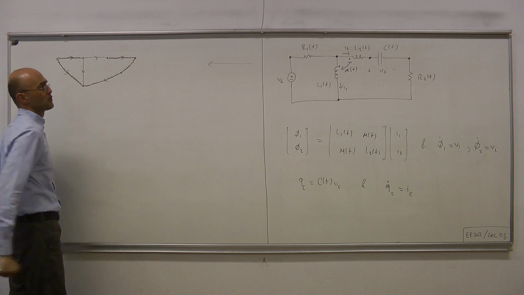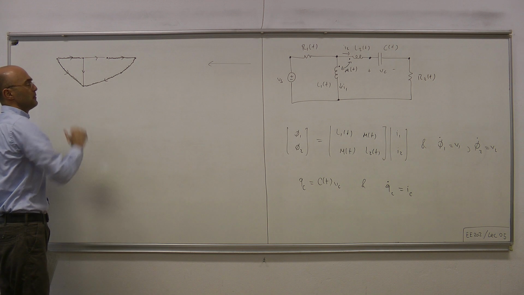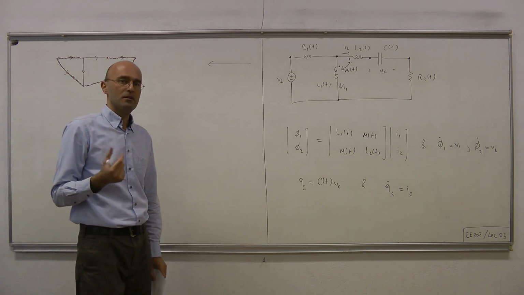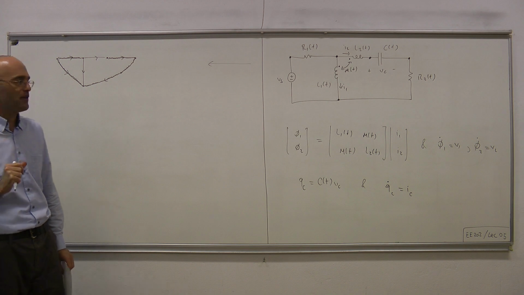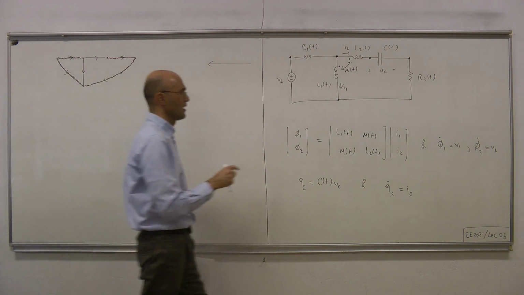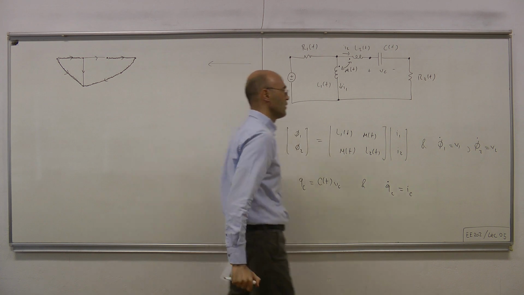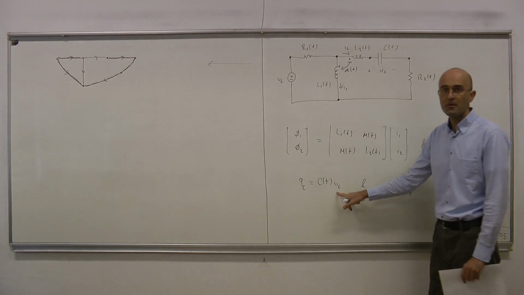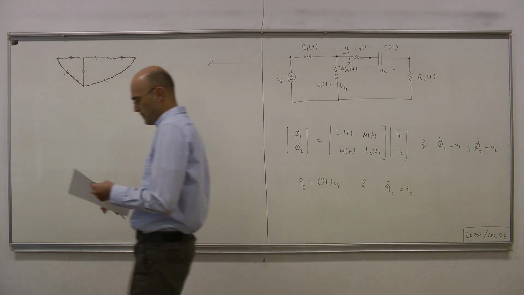Okay, because that belongs to our tree, and also choose inductor currents because they belong to our core tree. But since this is a time varying circuit, it's easier to work with, instead of currents, fluxes for the inductor, and instead of voltage, charge for the capacitor.